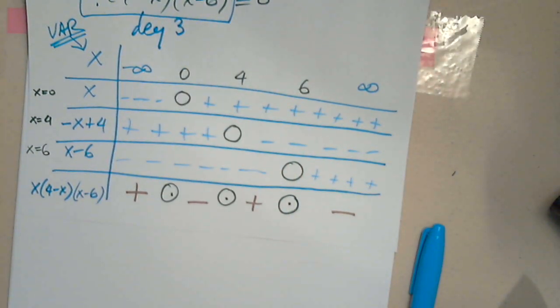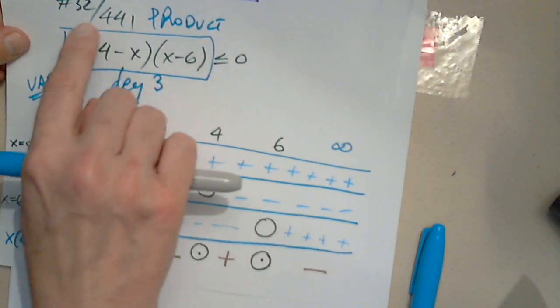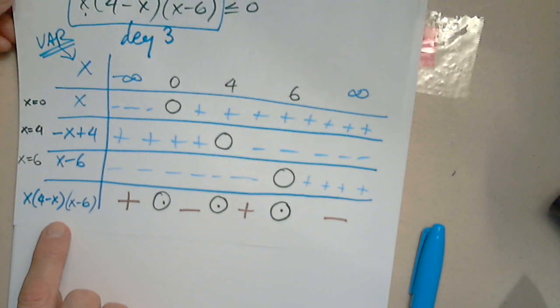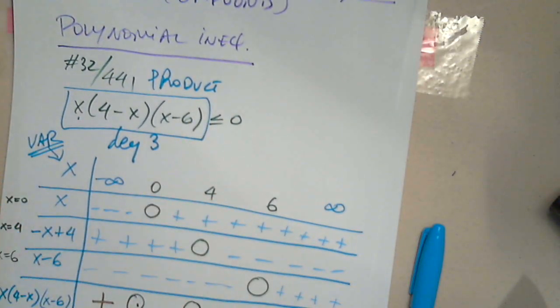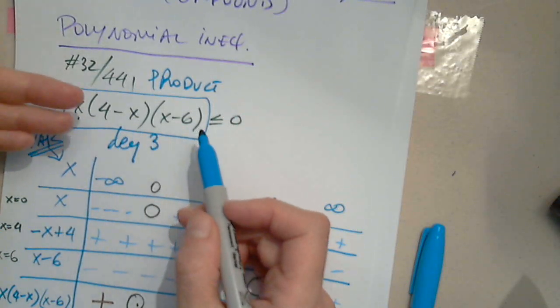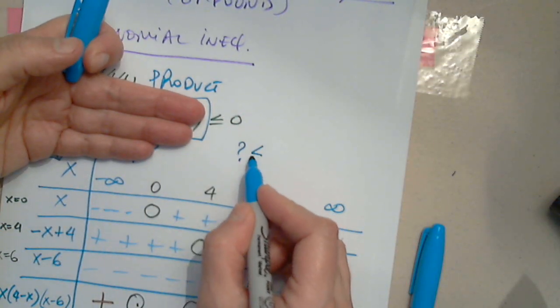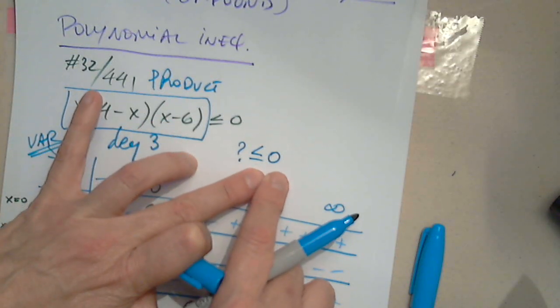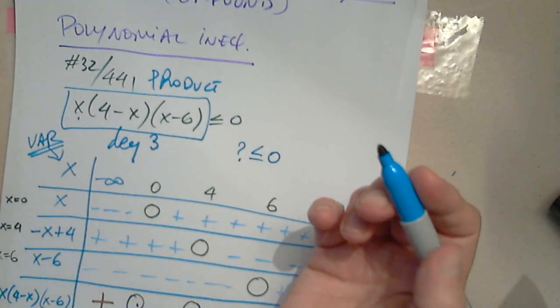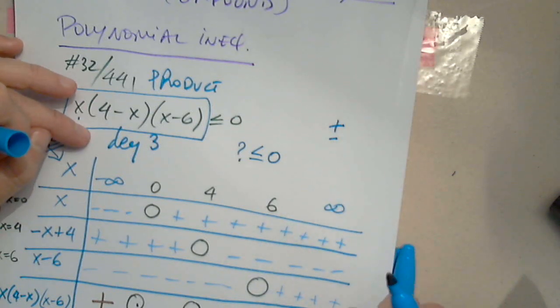So, in case you're wondering, why are we doing this? It's because we want to study the sign of this expression. Now I'm going back to make a decision. This is less than or equal to 0. What sign is less than or equal to 0? We only have signs, either positive or negative.